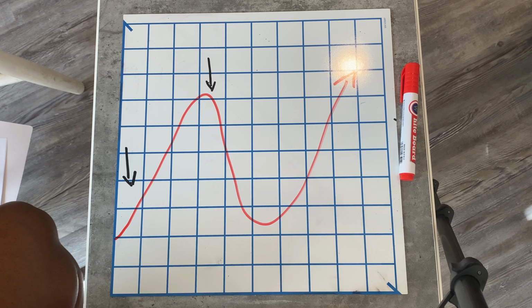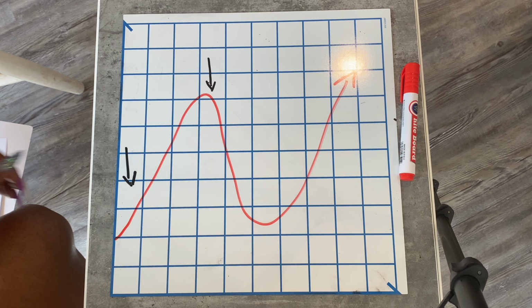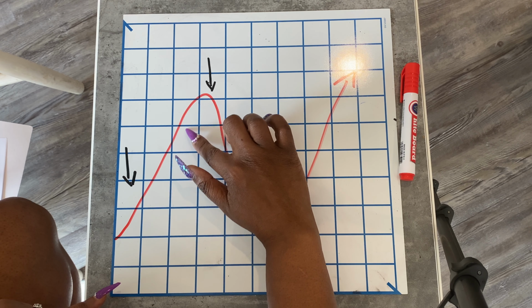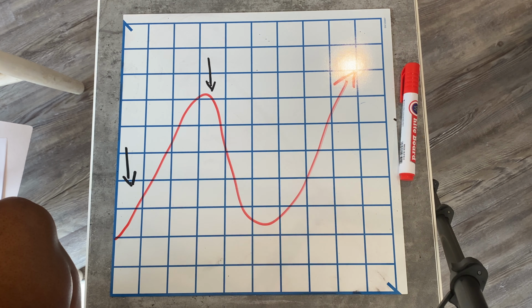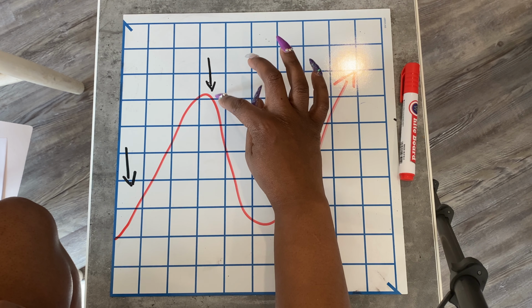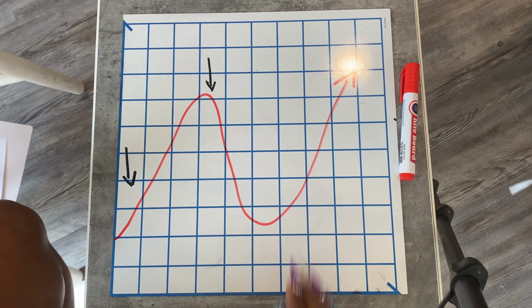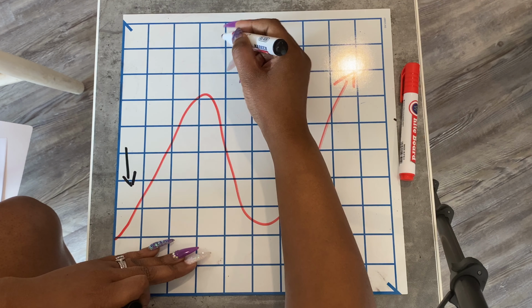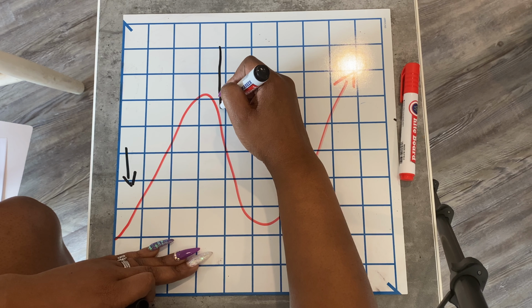Okay? So I want to know, what is this graph doing between here and here? Between here and right about here. So let me move that over a little bit because I'll explain why it needs to be kind of precise here.